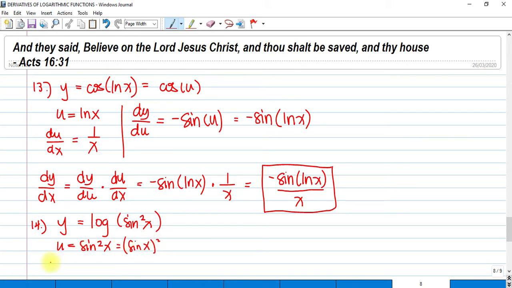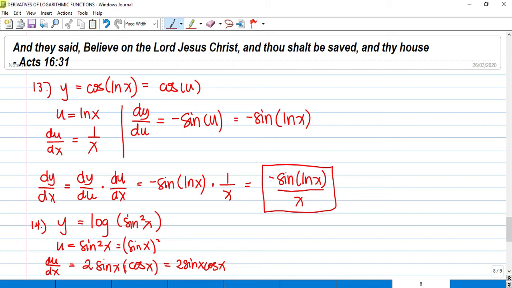If we get the derivative of u with respect to x, we have 2 sine of x, by the power rule and chain rule: 2 sine of x raised to 2 minus 1, that is sine of x, multiplied by the derivative of sine x, that is cosine of x. So we have du over dx as 2 sine of x cosine of x.